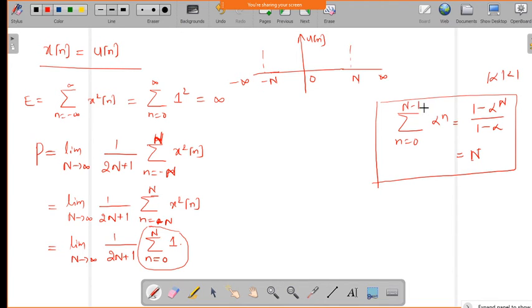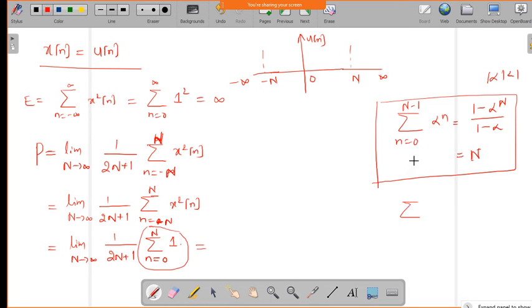If you have a summation of this nature, then you can write it as the first expression if alpha is not equal to 1, or if alpha is equal to 1, then we can write it as n. Now in our case, the alpha value is 1. So since here the summation is 0 to n minus 1, we can write it as n.